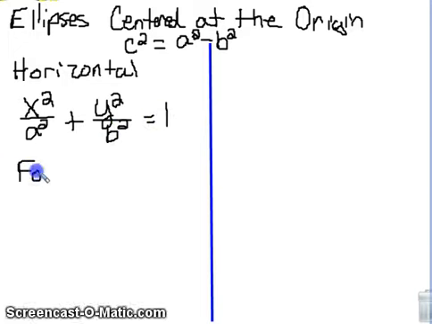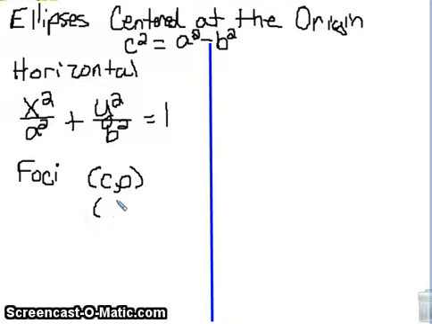Our foci, being plural of focus, are going to be (c, 0) or (negative c, 0).